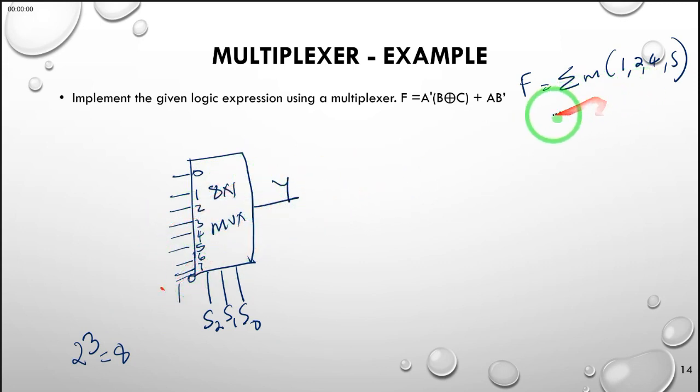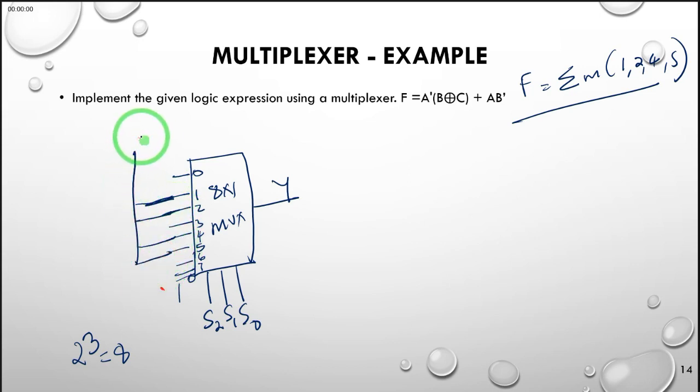What we know about implementing a function using a multiplexer is that if we want to get this function as the output Y, we connect the minterms that we have to logic 1. So we will connect 1, 2, 4, and 5 to logic 1, or high.